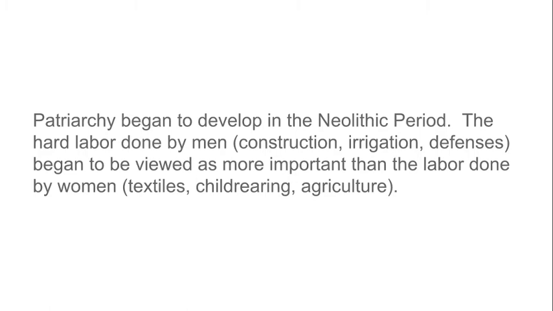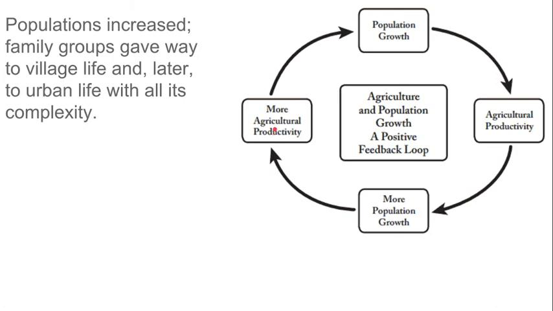So women go from this equal status to a lower status, and their responsibility, their job, is to stay at home, right? That's what's called the domestic sphere, taking care of the domestic. And this is a big change that occurs in the Neolithic era, right?